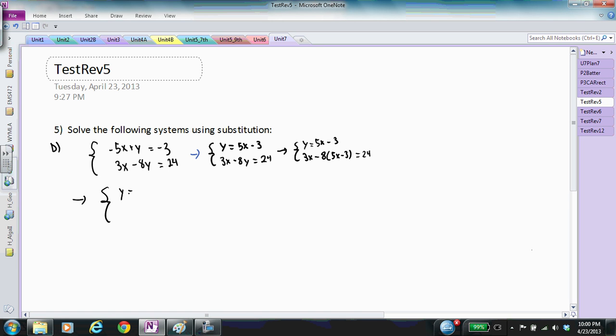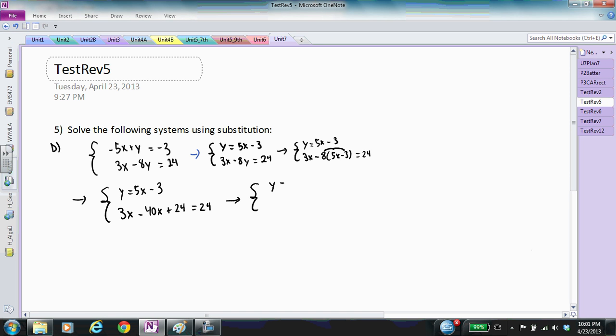So the top equation stays the same. I always keep the system together. So now that's 3x minus, I'm going to distribute 8 times 5 is 40, so 3x minus 40x, negative 8 times negative 3, that's plus 24, equals 24.